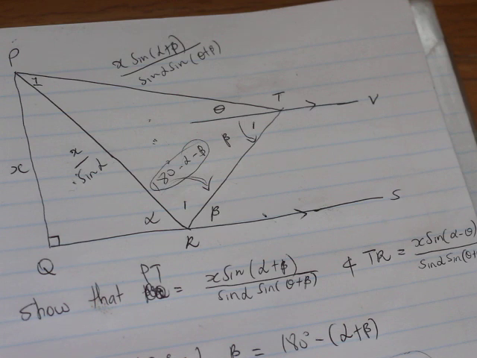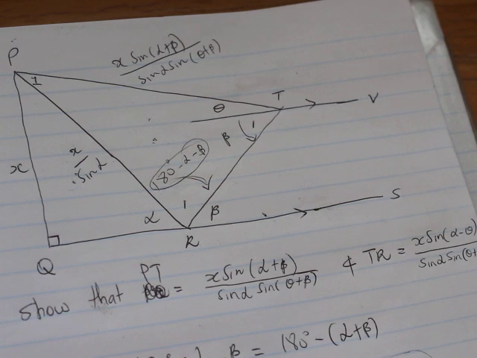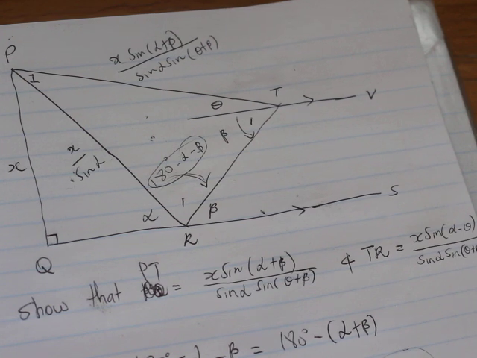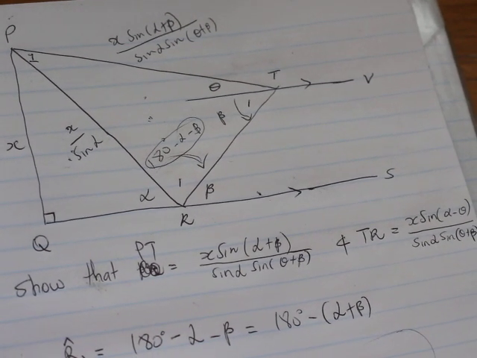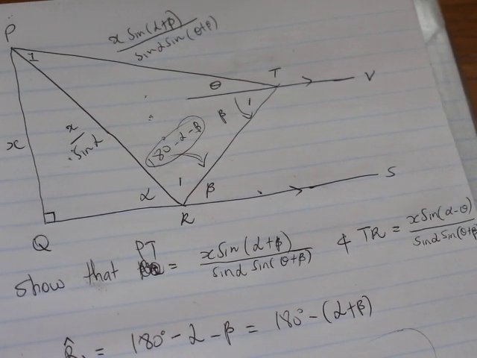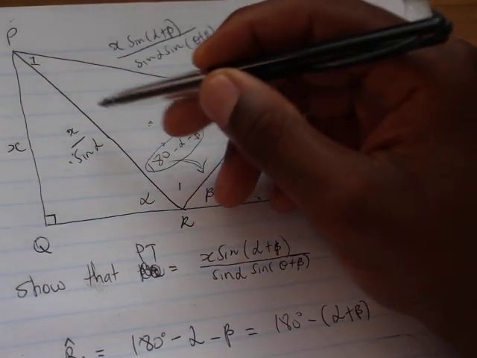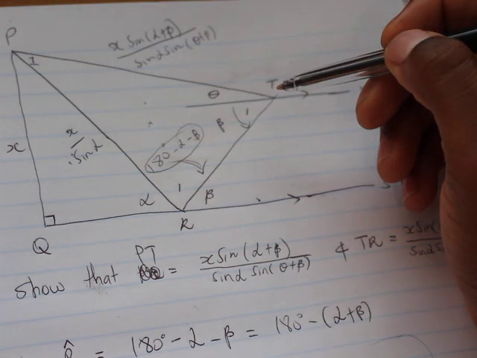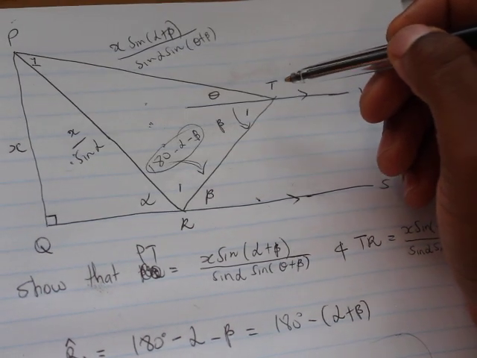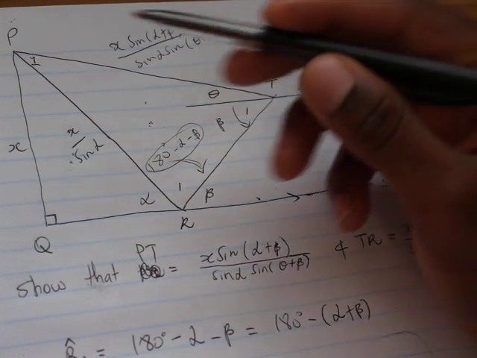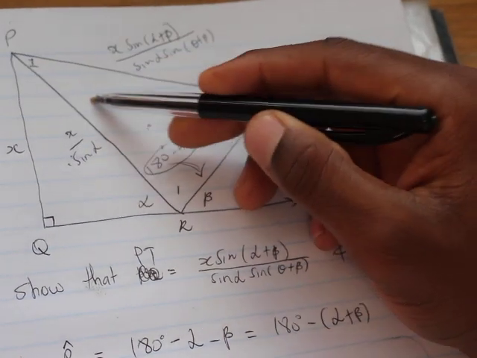We need to find TR using the information that's there. We've got two lengths. We need to find that angle over there.